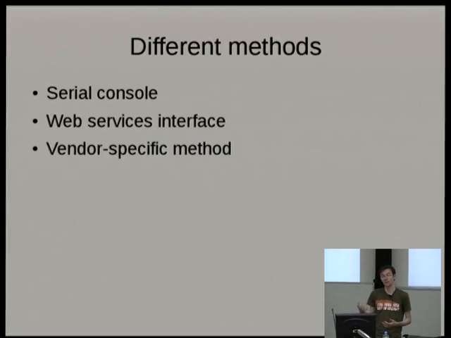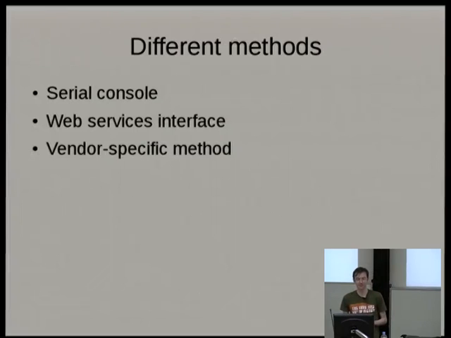Several systems now offer a web services interface that allows you to make API calls and get back the current configuration state and push a new configuration state into the system. And then there tend to be various vendor-specific methods. Sometimes these run on the local system even, so they make vendor-specific calls to the firmware in some completely undocumented way, which then permits you to modify configuration options, and then when you reboot the system, the new configuration options have been applied.